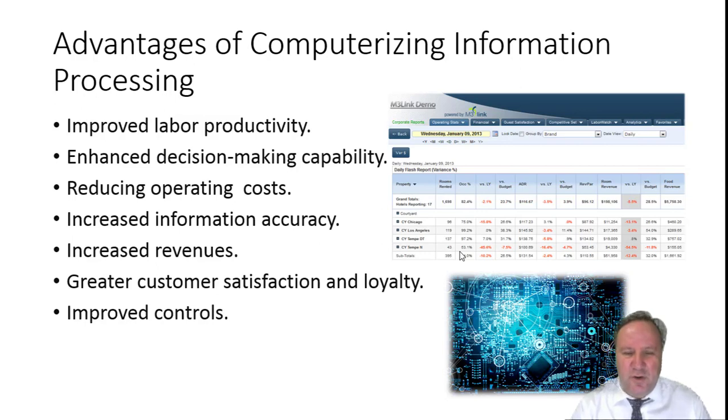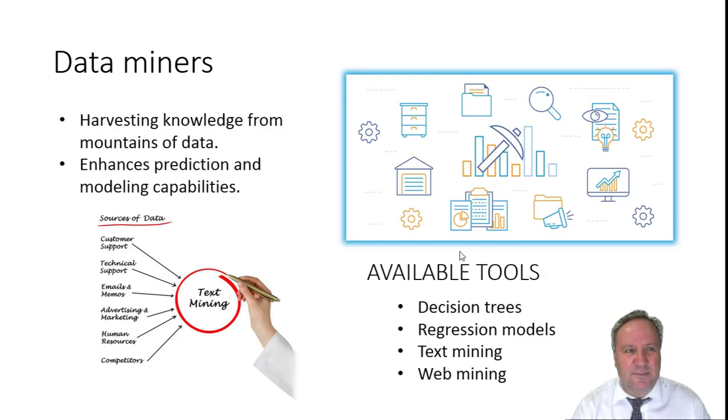Hopefully these all create better customer satisfaction and loyalty, and this also allows us to have better control in our systems, which prevents, let's say, fraud, or at least maybe not 100%, but it reduces it significantly.